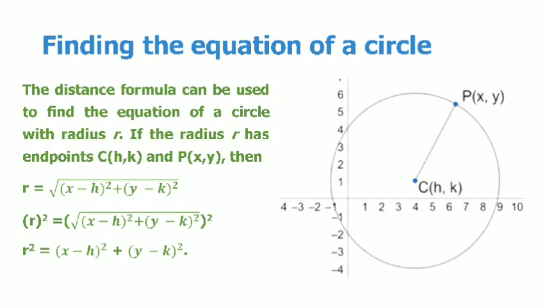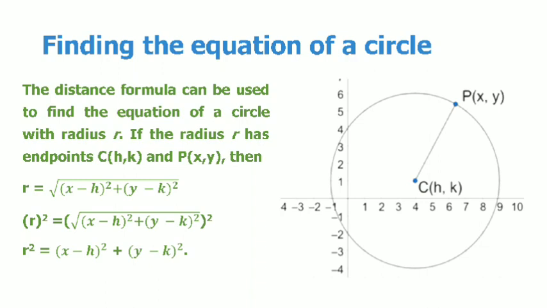How to find the equation of a circle? The distance formula can be used to find the equation of a circle with radius r. If the radius r has endpoints at C(h, k) and at P(x, y), then r is equal to the square root of the quantity (x minus h) squared plus the quantity (y minus k) squared.